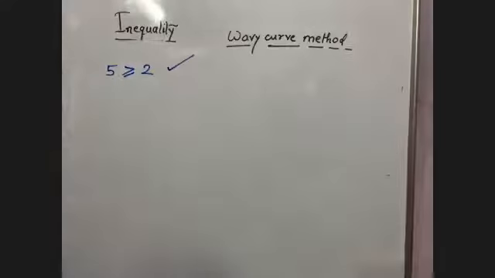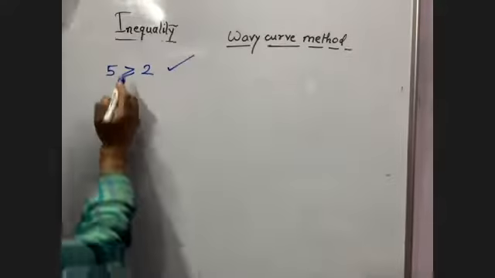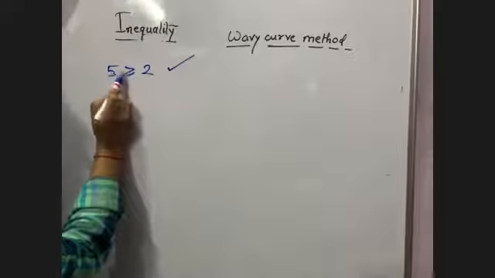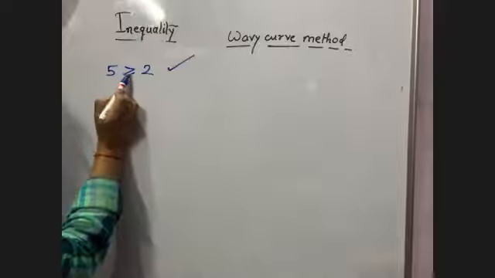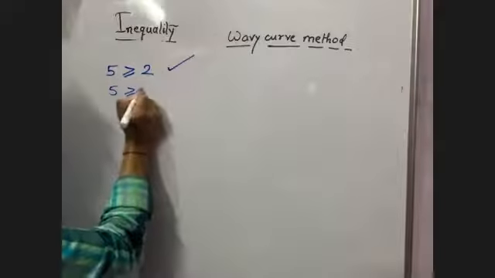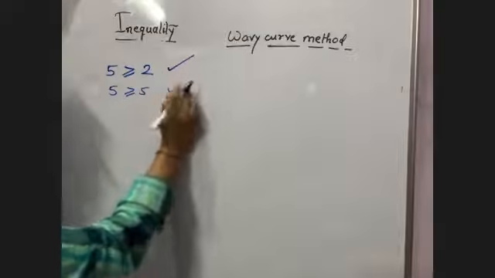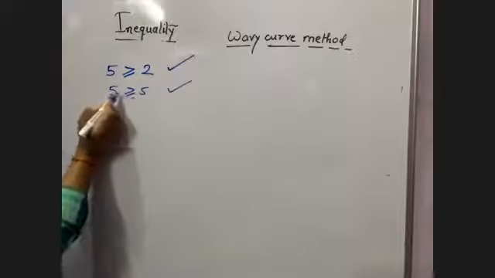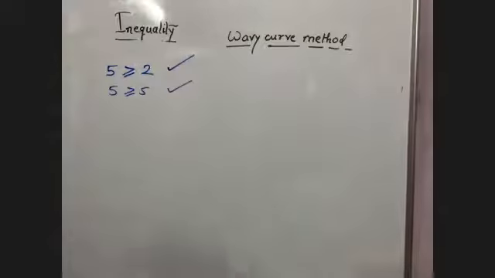The meaning of this symbol is that it is either greater or equal to 2. If any of the conditions holds, then this statement is correct. Also 5 is greater than or equal to 5 is correct, because one of the conditions holds. I hope you got this.